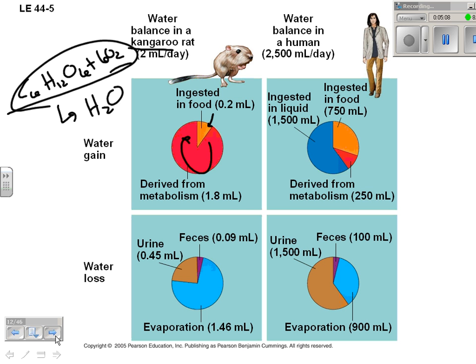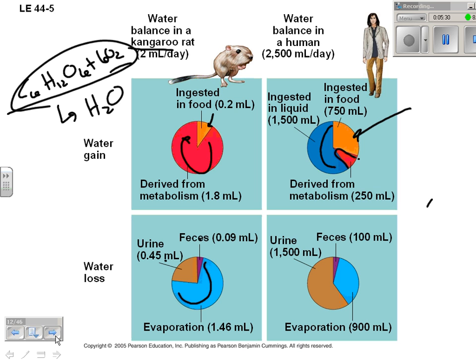Notice they lose a lot of water through evaporation because of where they live, a little bit in their solid waste and some in their urine. Look at the difference from a human. We have to take in a lot of liquid. We get a relatively small amount from metabolism. We have to take in a lot from our food.